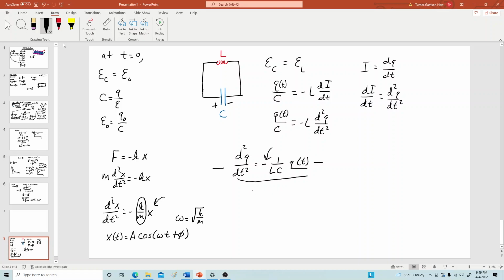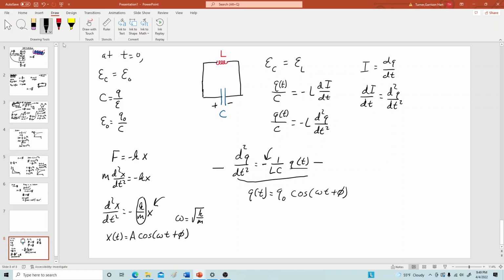And so the solutions for the charge as a function of time are going to be the maximum amount of charge times cosine of omega t plus a phase constant.